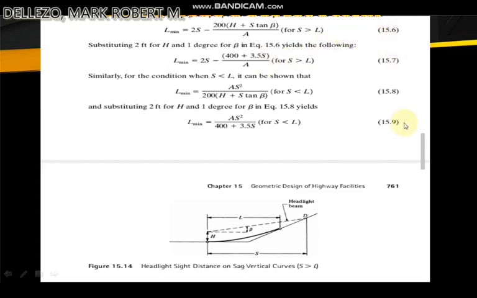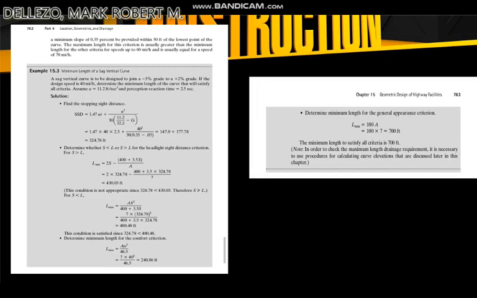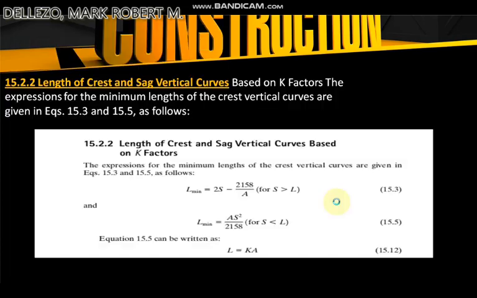All of this is in the book or in the PDF that was given. Then there is also an example of minimum length of sag vertical curves, the problem and its solution. We can follow it for us to go to the next.